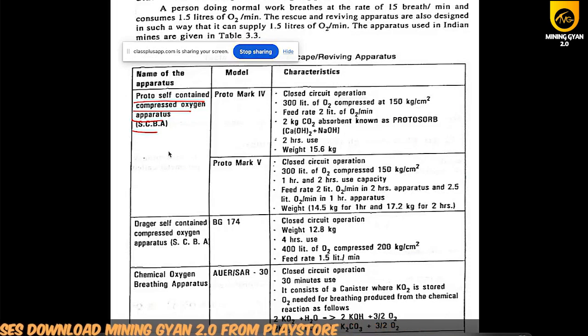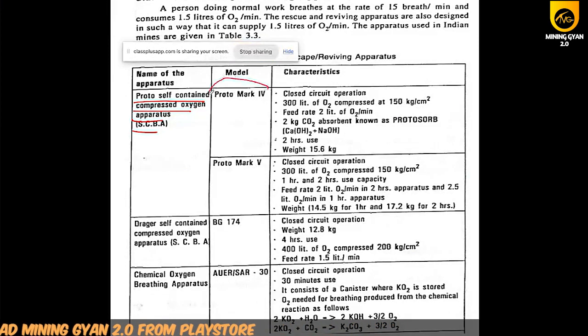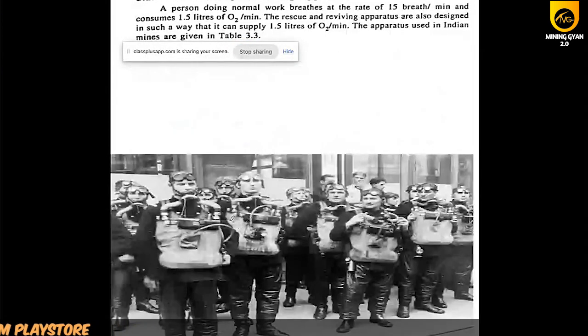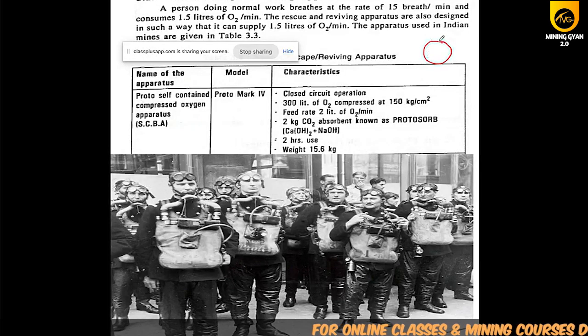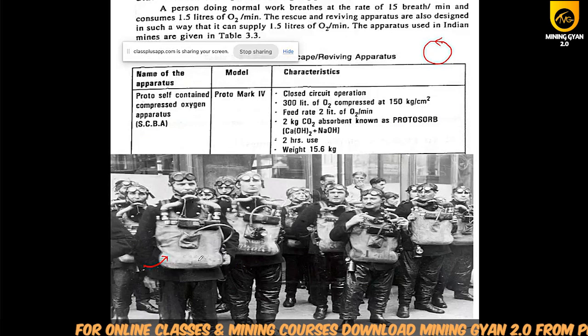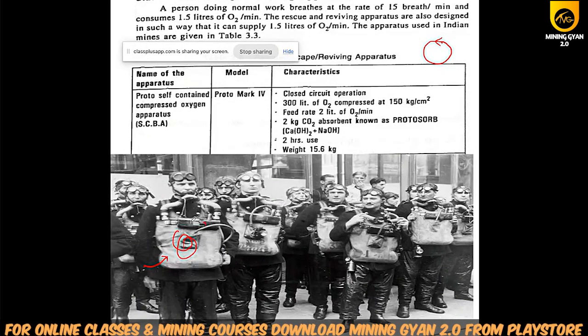So first is the proto self contained compressed oxygen apparatus. These are two types: first is proto Mark 4 and proto Mark 5. Suppose this is your proto self contained compressed oxygen apparatus. It is a closed circuit. I think you know what a closed circuit is. Closed circuit means this apparatus does not take oxygen from outside of the apparatus.